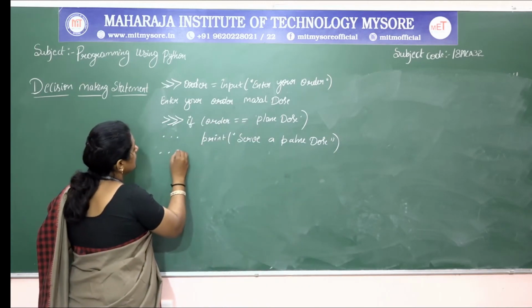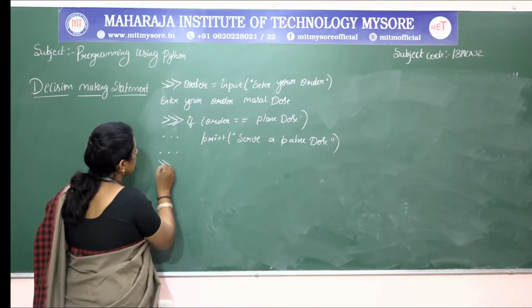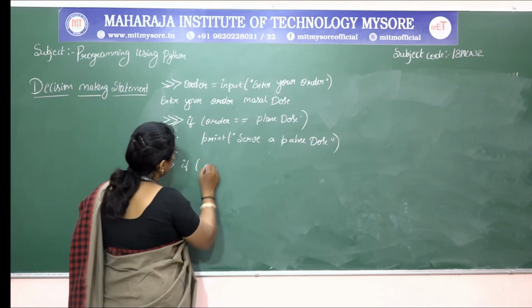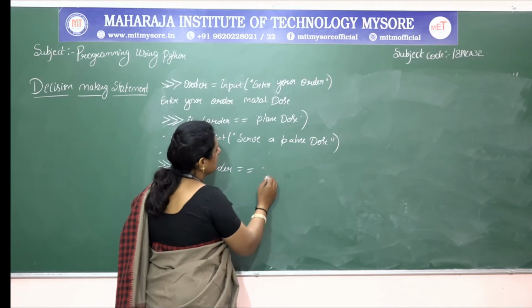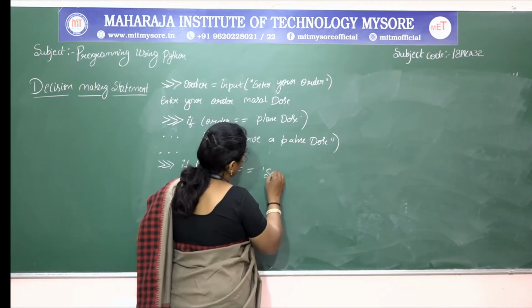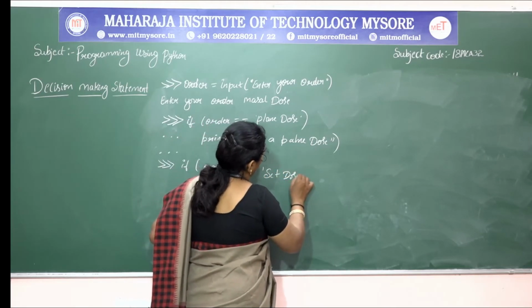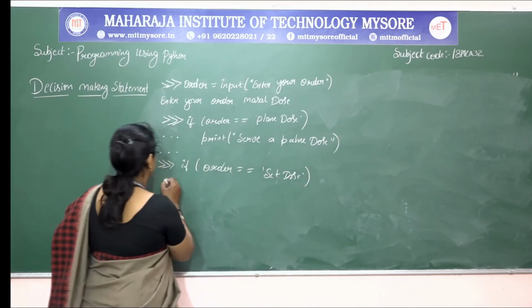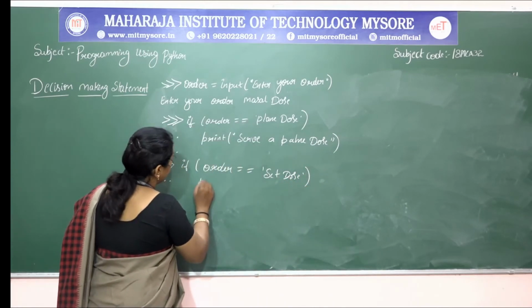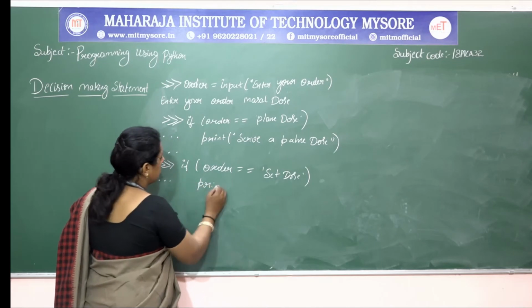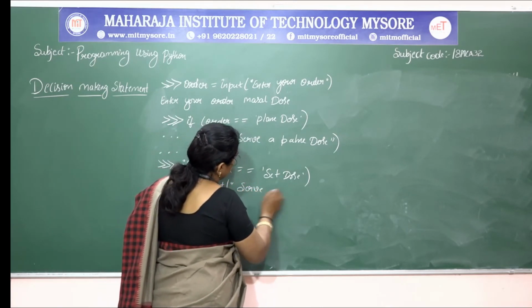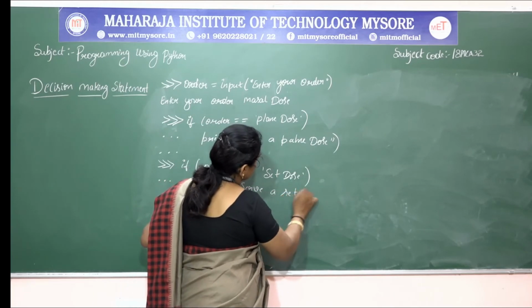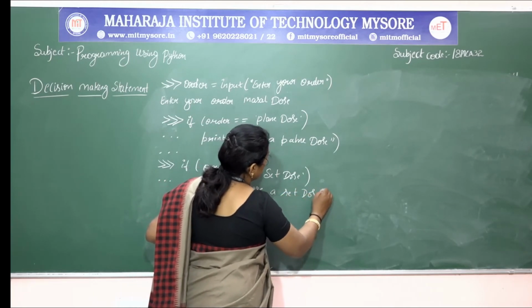Okay, so here this condition is ended. Then I'm checking if order equal to set dosa, taking one space, print, serve set dosa.